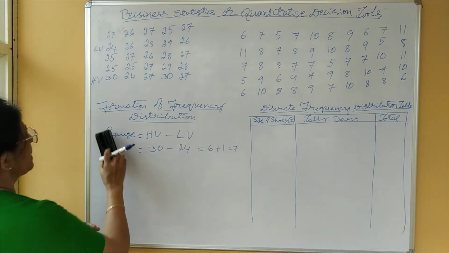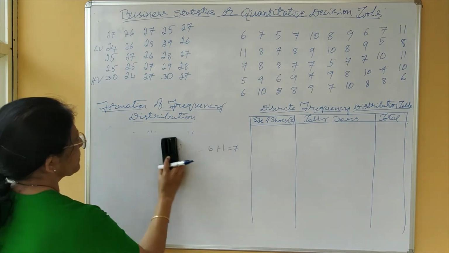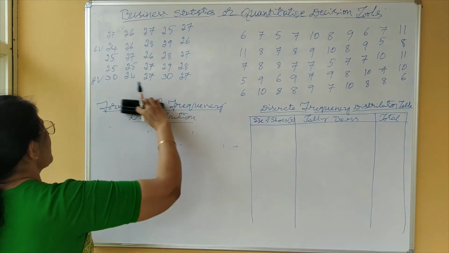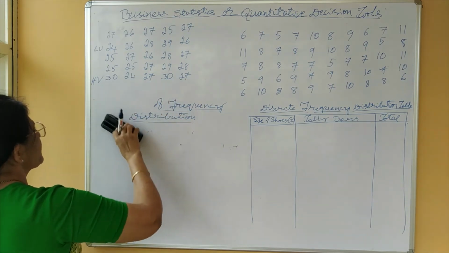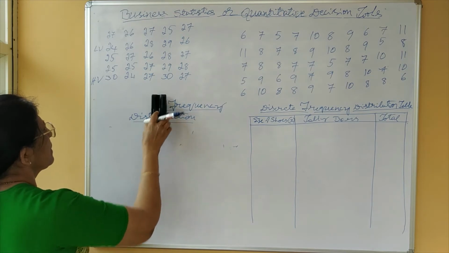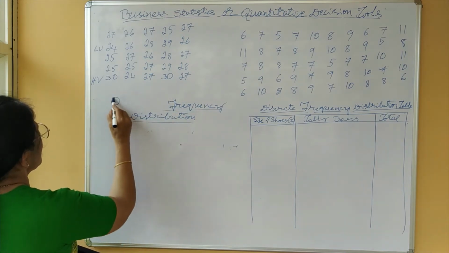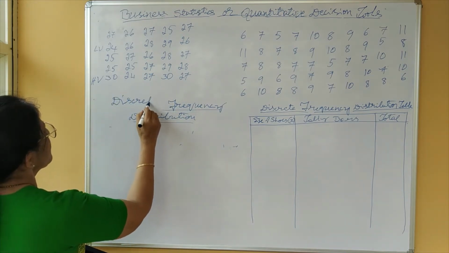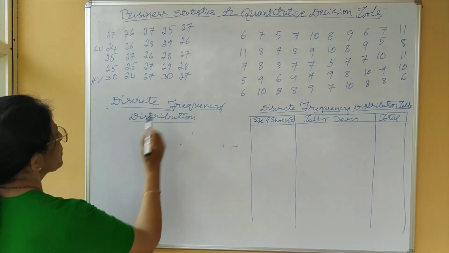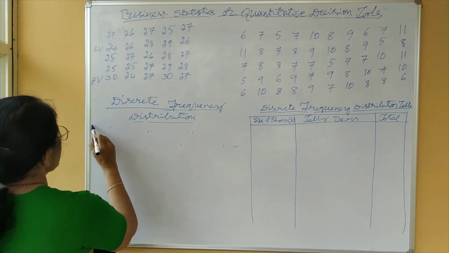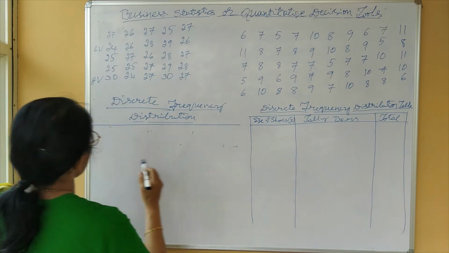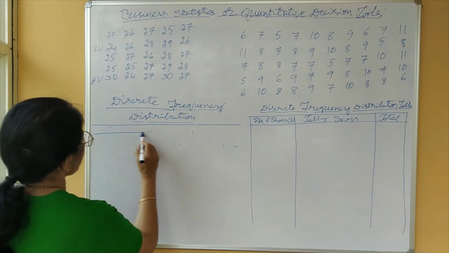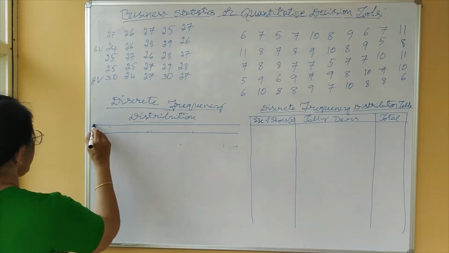Let us work out. Now, here take discrete frequency distribution table. Here we have to take like this.